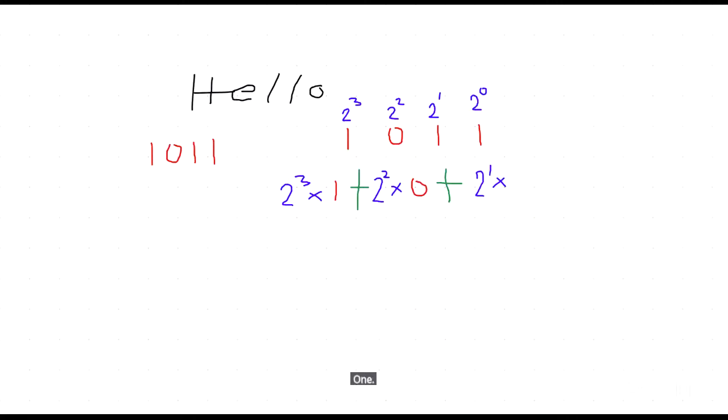Am I done? Okay. Plus 2 raised to power 0 times 1.